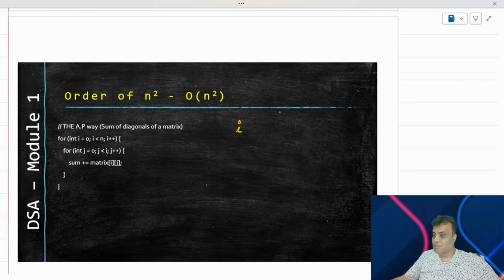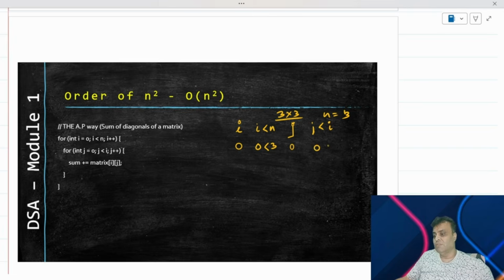And let's say we have taken a 3 by 3 matrix, right? So we are trying to sum the diagonal elements of a matrix. We have taken a 3 by 3 matrix, and hence your n is equal to 3. The value of I is 0. I is compared with n, right? So I is compared with 3. So 0 is less than 3 is true. It will enter. And inside, j is 0, and j is compared with I. So j is compared with 0.